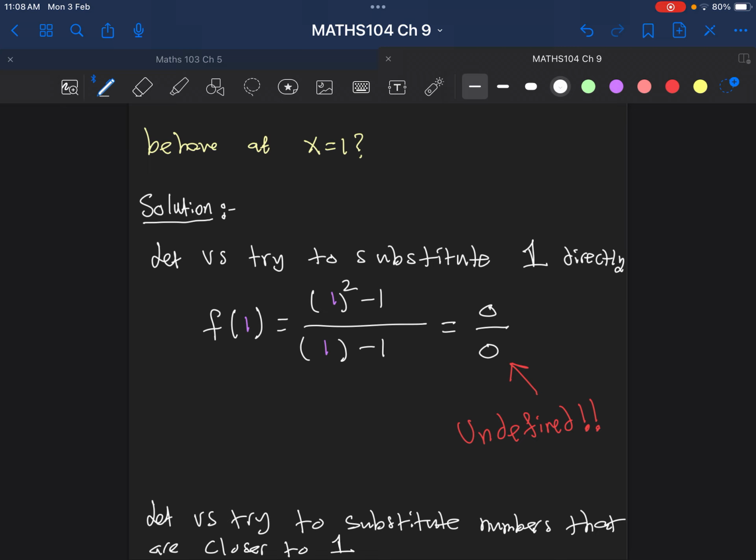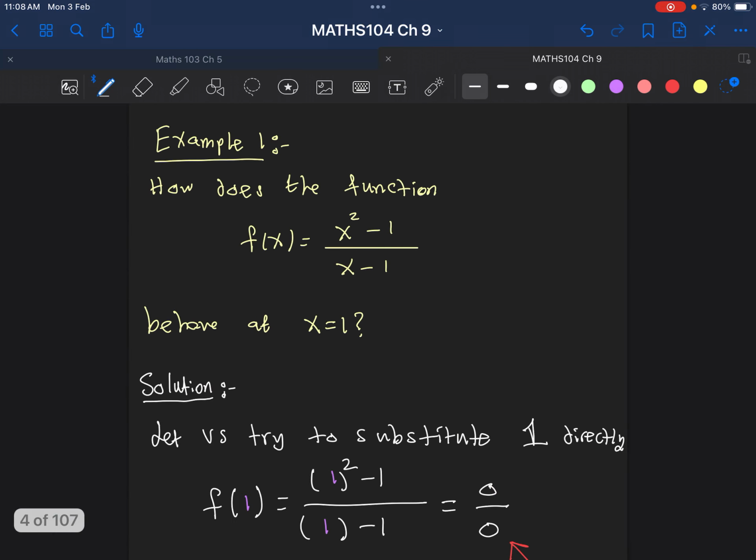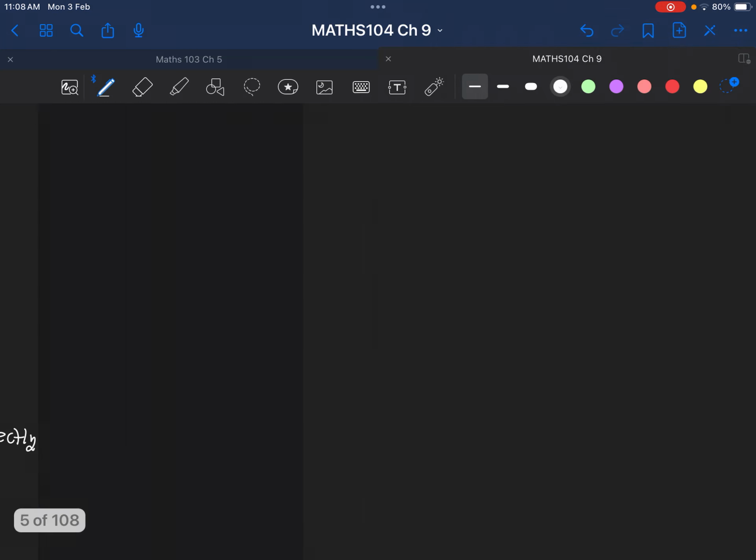Not exactly 1. At 1, we know we get 0 over 0. Let's go ahead and check numbers that may be close to 1. Which number is close to 1? Yes, 1.1 is close to 1. 0.9 is close to 1. So let's try those numbers, and I think the best way is to make a table.